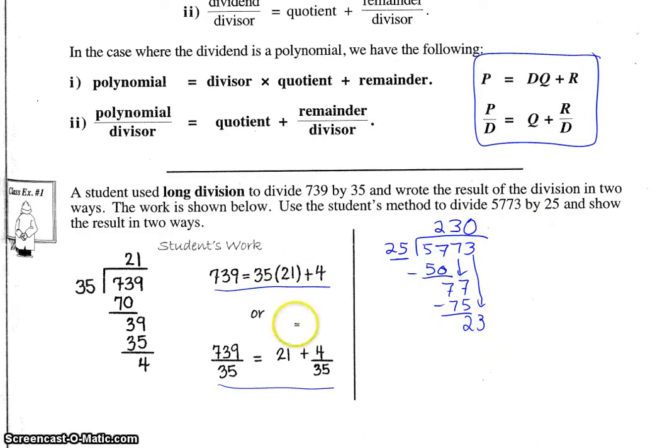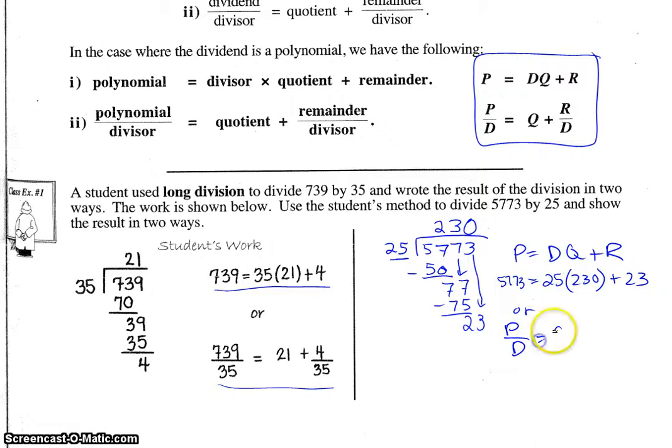So, writing it in the 2 different ways, P equals D times Q plus R, you would have P, which is 5,773, equals our divisor, 25, times our quotient, 230, plus our remainder. Or we could write it as P over D equals Q plus R over D, which is really just taking this original one and dividing everything by the divisor.